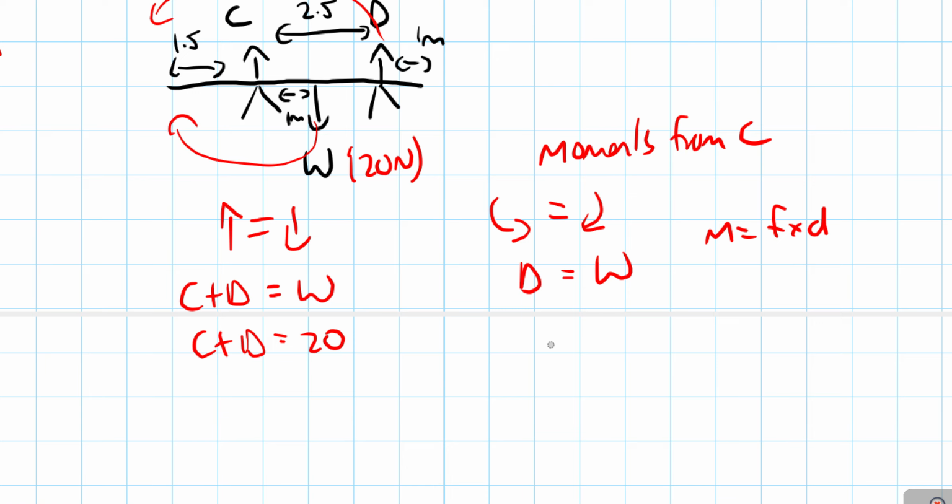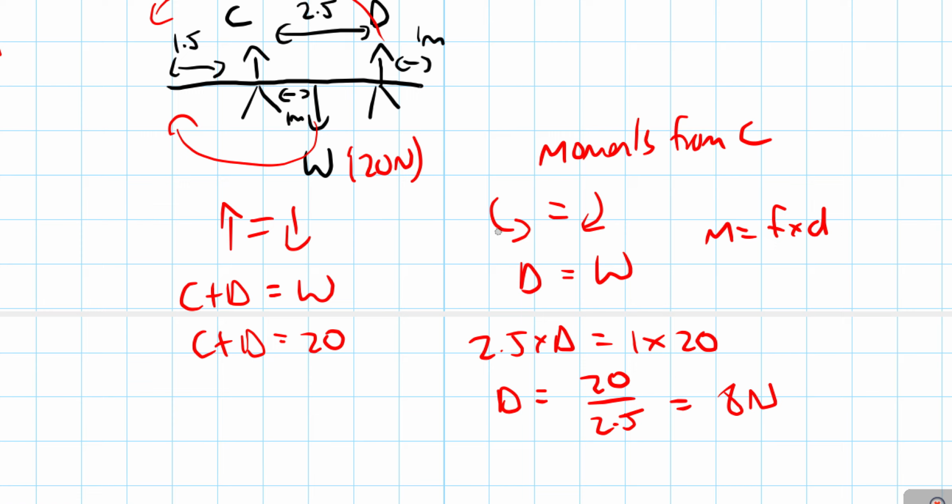D this time is 2.5 meters away, so it's going to be 2.5 times D is equal to, and this time, as it's 1.5 meters away from the edge, C is 1 meter away from the weight, so it's going to be 1 times 20. So D is equal to 20 divided by 2.5, and therefore we plug it in to give us 8 newtons.